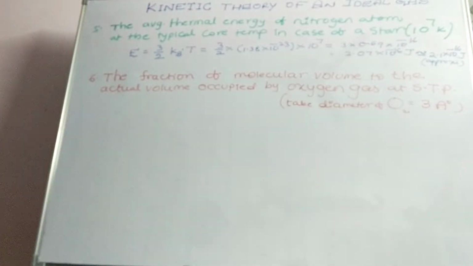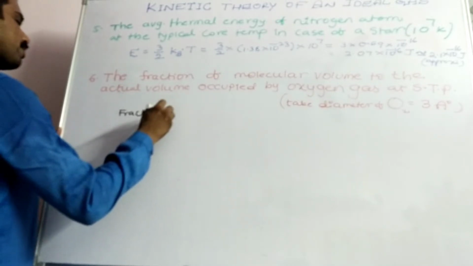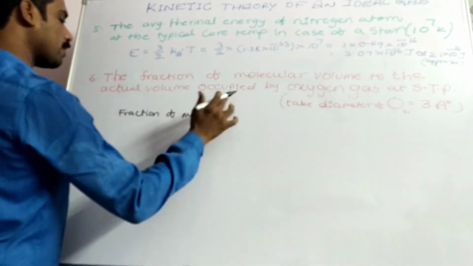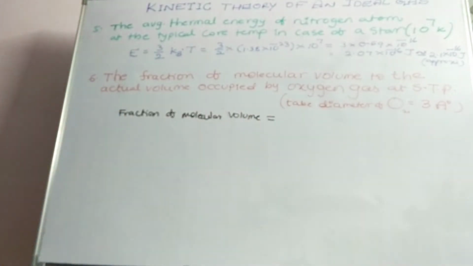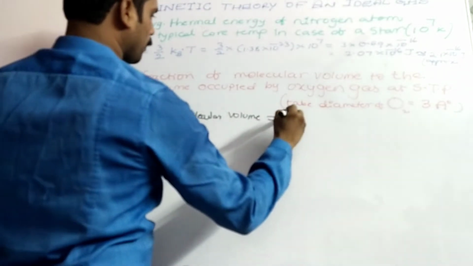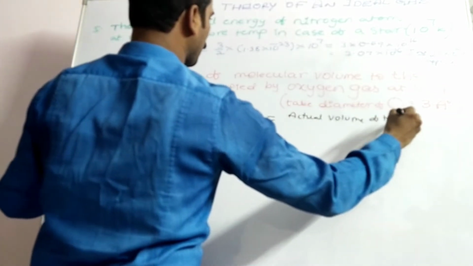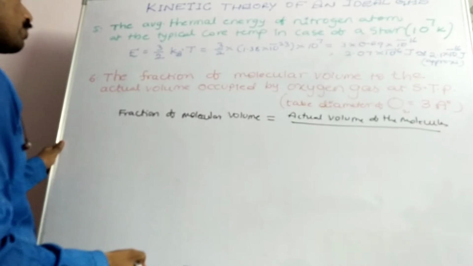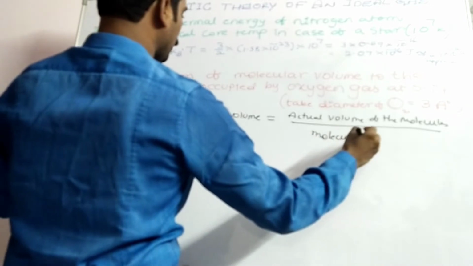Fraction of molecular volume is equal to the actual volume of the molecule by the molecular volume.